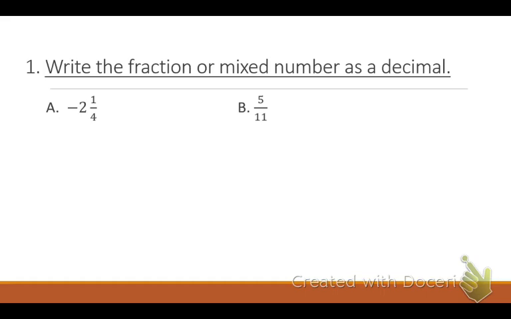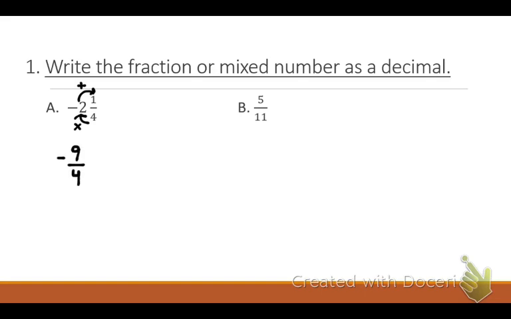Let's see if we can turn this into an improper fraction. What would this be as an improper fraction? Okay, 9/4, because what you did here is you multiplied 2 times 4 is 8, and then you add the 1. So that makes -9/4.